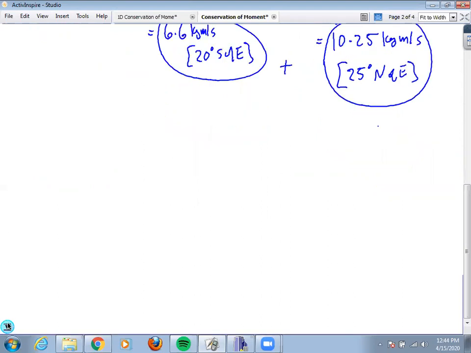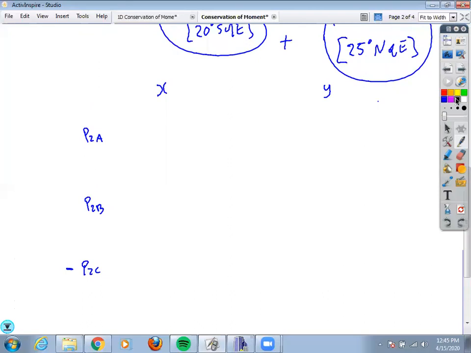So we can set up our XY chart. X, Y, we've got P2A, P2B, and we are going to be solving for P2C. And again, we want to get the negative direction, so make sure that we get the negative, the opposite.